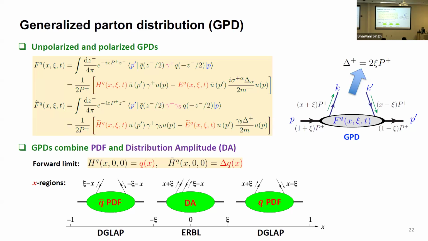That doesn't give you a GPD, that gives you something else. That channel-like process does not access the GPD information. Right. But there are some related studies, not the one you are proposing, where we have both P and P prime in the final state. And that gives us something called generalized distribution amplitude. That's something else.